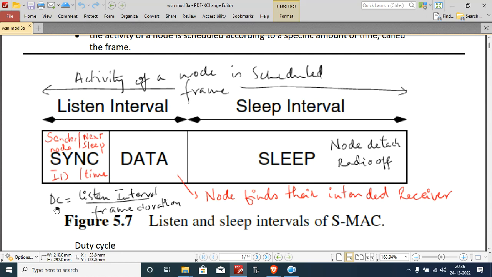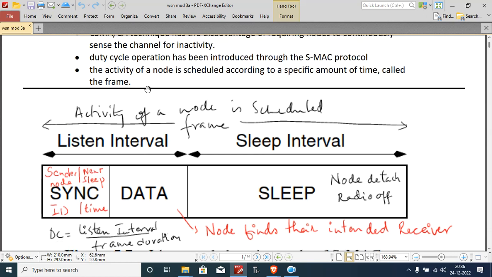So this duty cycle formula is given as listen interval to the total frame interval. The activity of a node is scheduled according to a specific amount of time called a frame. According to this frame, during the sleep interval it sleeps, and only during the listen interval it will listen to the carrier, or sense the carrier or the channel.